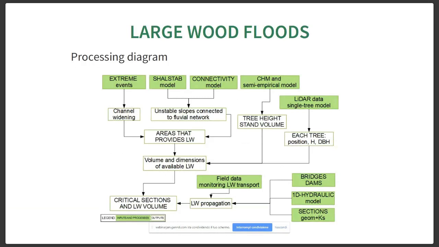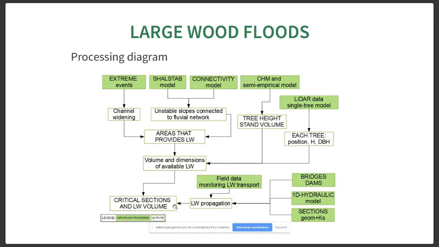Regarding the rest, the extreme events and the unstable areas connected to the network provide the areas that supply large wood, and the vegetation information provides the volume and dimension of large wood, which can be used to evaluate the critical section and large wood volume.